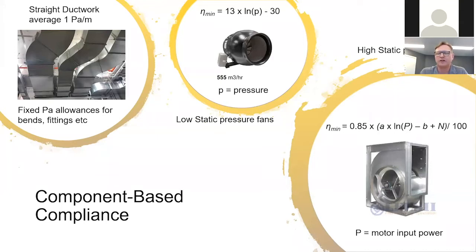For high static fans, the large P actually refers to the motor input power of the fan. The difference between low and high static pressure fans is a 200 Pascal nominal value. So fans below 200 Pascal are considered low pressure, and fans above 200 Pascal are considered high pressure fan systems.